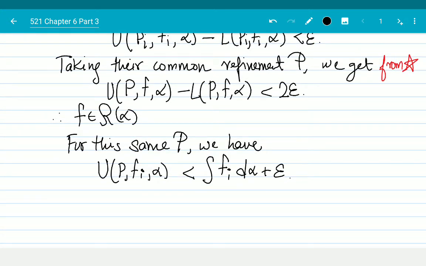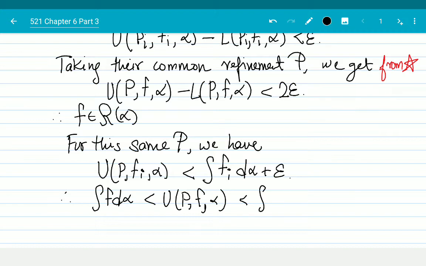Because it is a refinement of Pi, so this is true. Therefore, the integral of f d alpha from a to b is smaller than U(P, f, alpha), which is smaller than the integral of f1 d alpha plus the integral of f2 d alpha plus 2 epsilon, right?